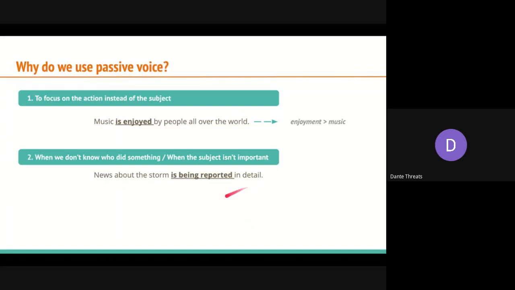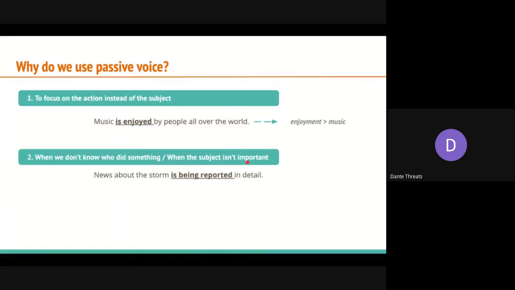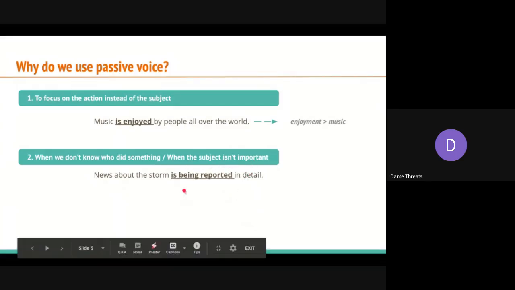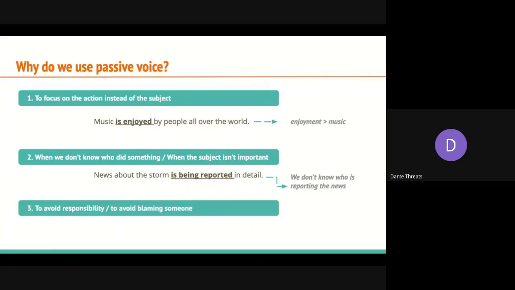Okay? Or even if who is doing the reporting is even important. All right? So when the subject isn't important, what is important in this sentence is the news itself. Okay, we don't know who is reporting the news.